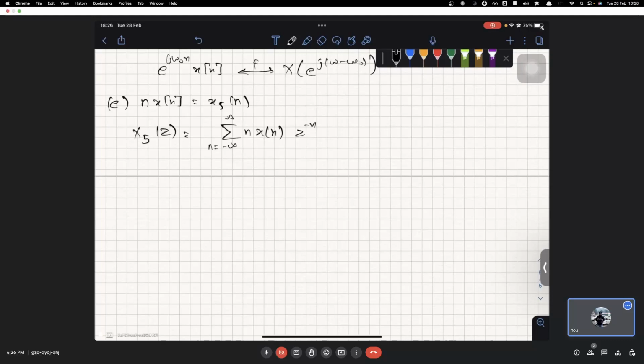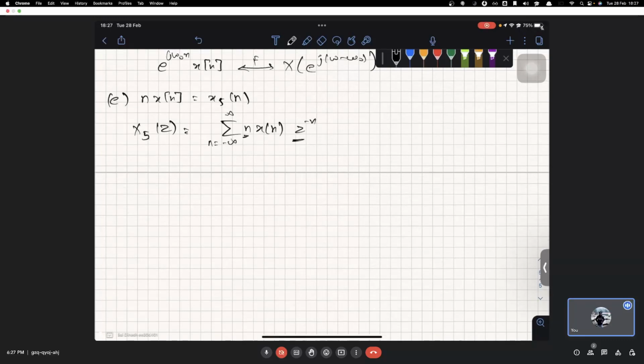So how do we go about this? We have an n here, but we would like to remove that n, right? So let's do the differentiation here. Let's say we have d x5 of z by dz, which is equal to the sum over n from minus infinity to infinity of x of n, minus n, into z power minus n minus 1.